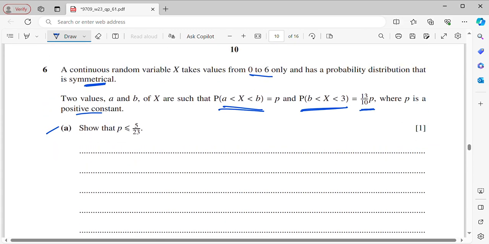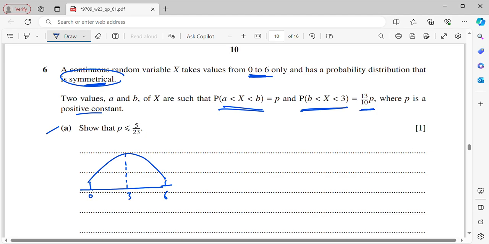Okay, so from here, I will just simply sketch a graph first, because it's mentioned symmetrical and the value just takes 0 to 6. Let's say this is the graph, symmetrical. That means here is 0, this is 6, which means this is 3.